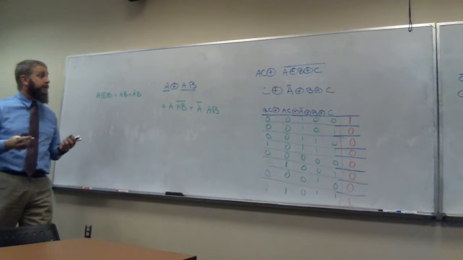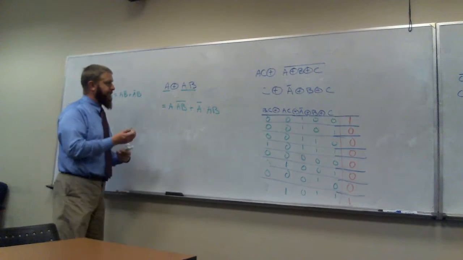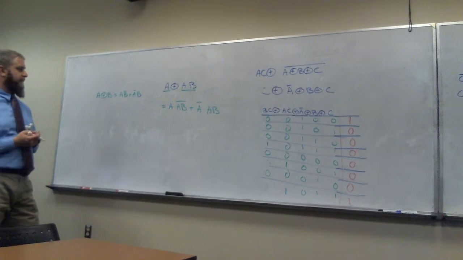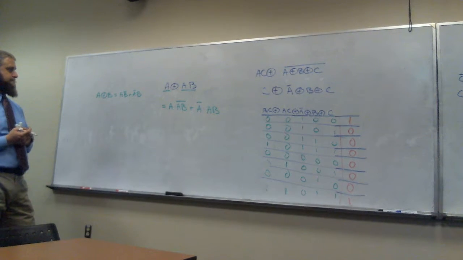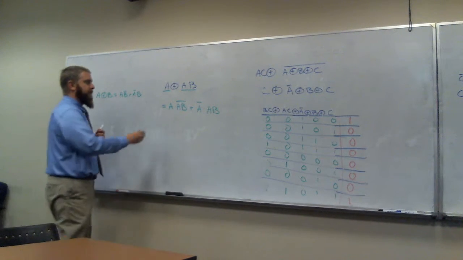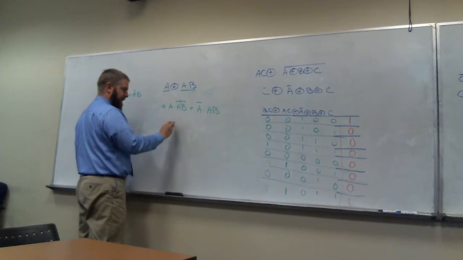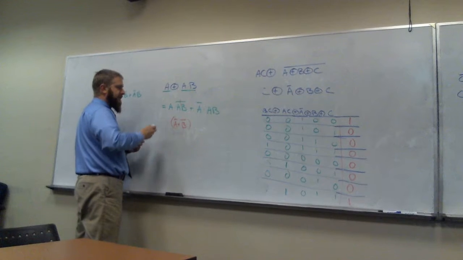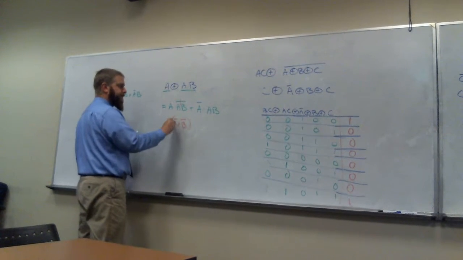Now I'd want to go through and simplify. What would be my first step in order to simplify? De Morgan. I should apply De Morgan, so not A B gives me A naught or B naught. I need the parentheses, because you need to distribute the A there.